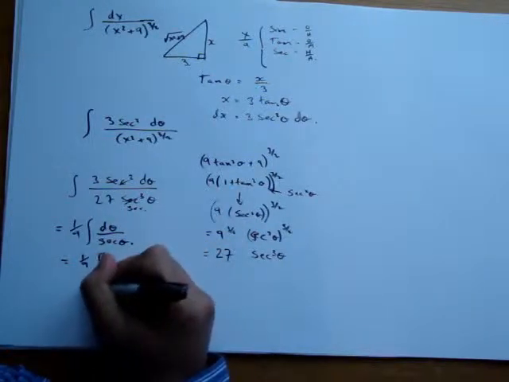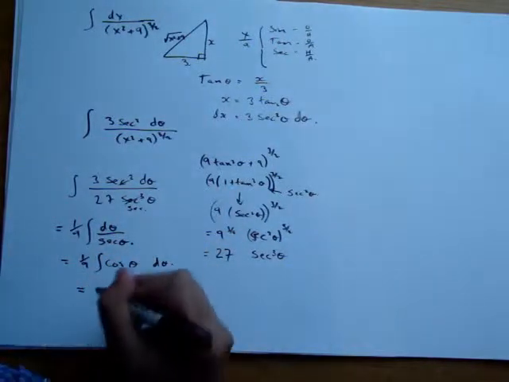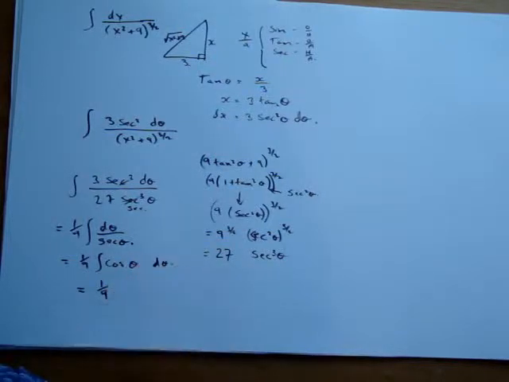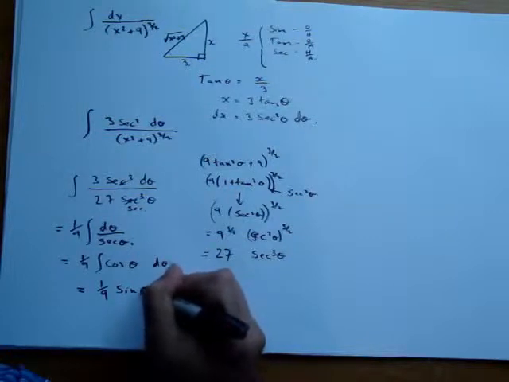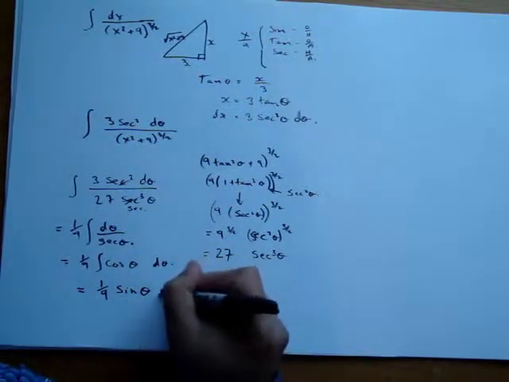And then when we integrate, we get 1 over 9, integrating cos theta we get sin theta plus c.